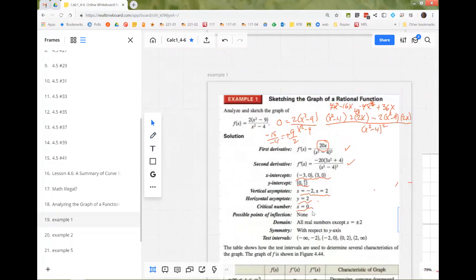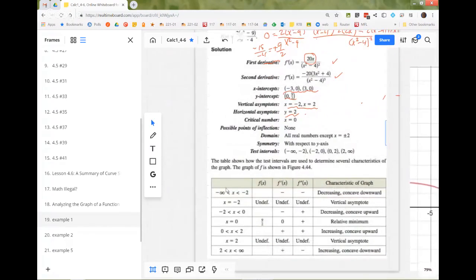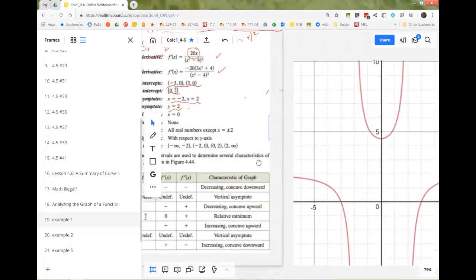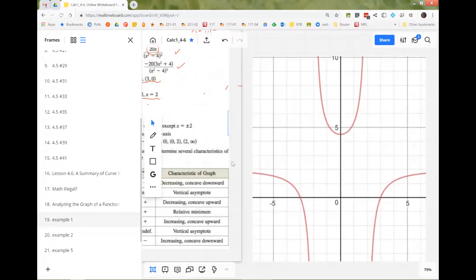Now they make up a chart to really, in a detailed way, put this stuff all together. And you wind up with a graph because there's our intercepts, negative 3 and plus 3. There's our y-intercept, 0, 9 halves, 4 1/2.